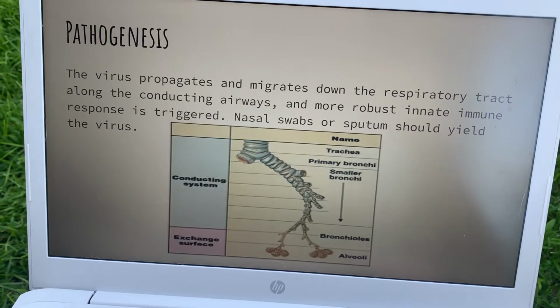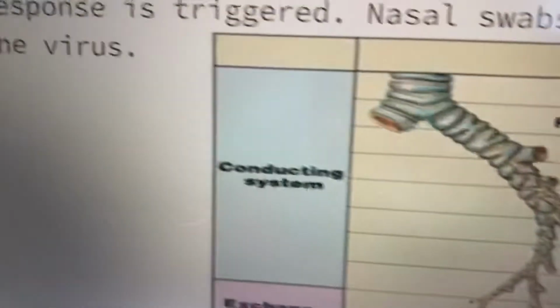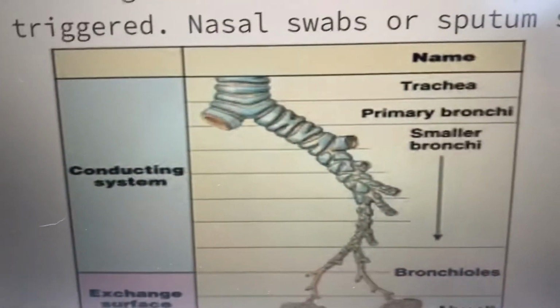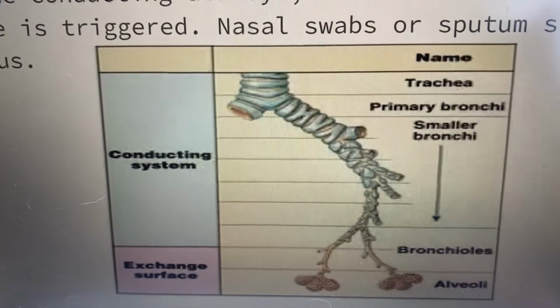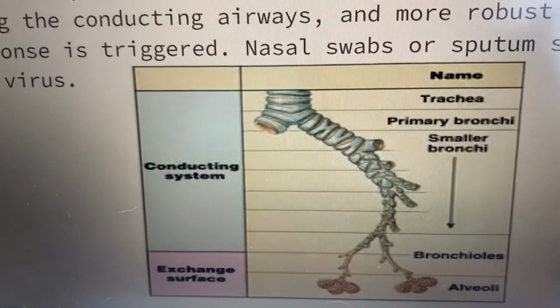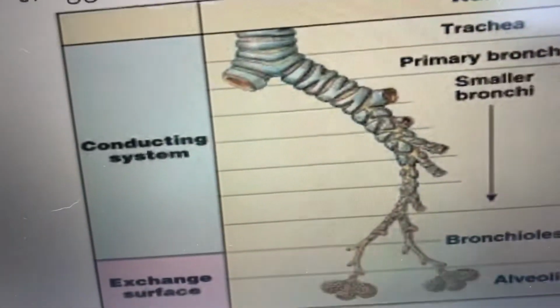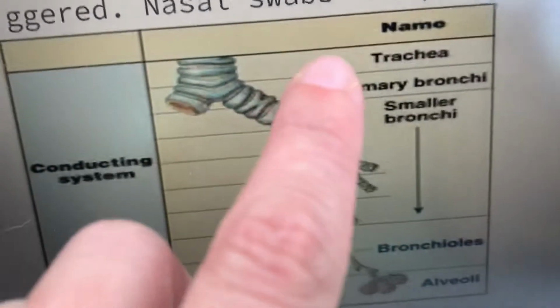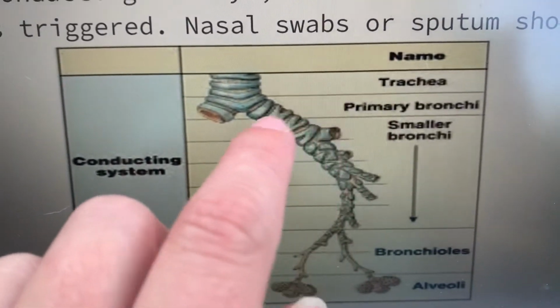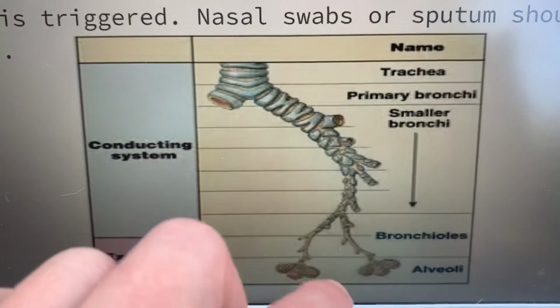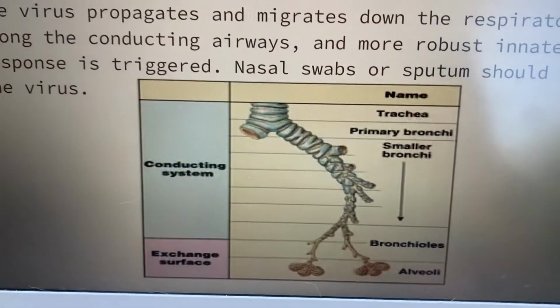Nasal swabs or sputum usually yield the virus. Here I attached a picture of your conduction system, and it shows how the virus will work. It will go into your nose, down into your conduction system, and all the way down into your lungs.